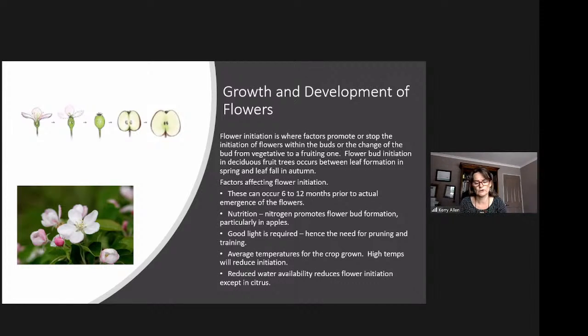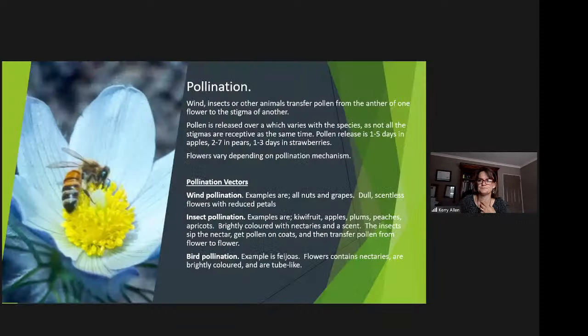So we need to have those optimum heat and chill requirements. If you don't have enough nutrients, they don't set good flowers, so therefore you're not going to get fruit. Remember, you need those flowers to get the fruit. You need to have good light. If there's not enough light, those buds won't set. And you need to have good temperatures and, once again, optimum water.